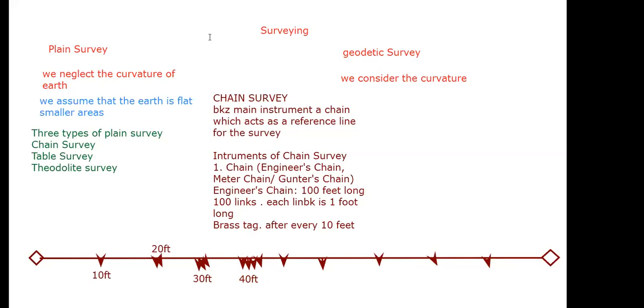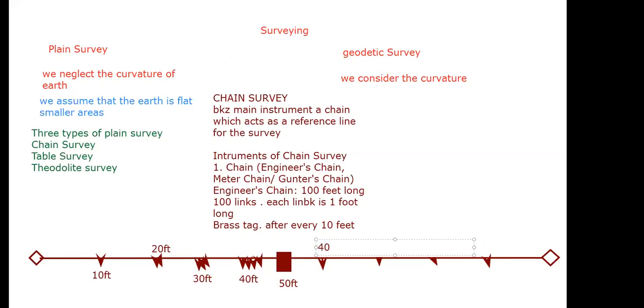The brass tag of 50 feet is different from all the others. It's generally a square shaped thing. That is the 50 feet brass tag. Now, after 50 feet, the values are repeated.